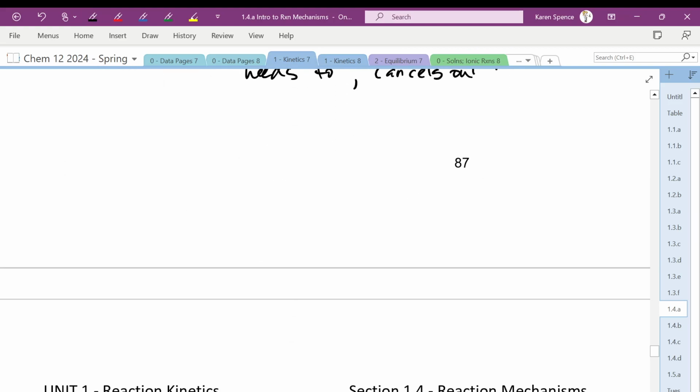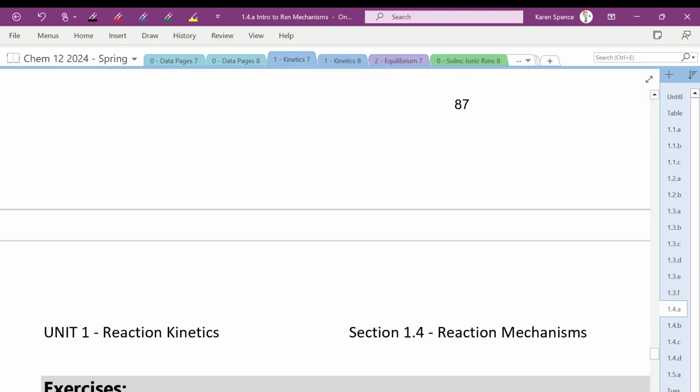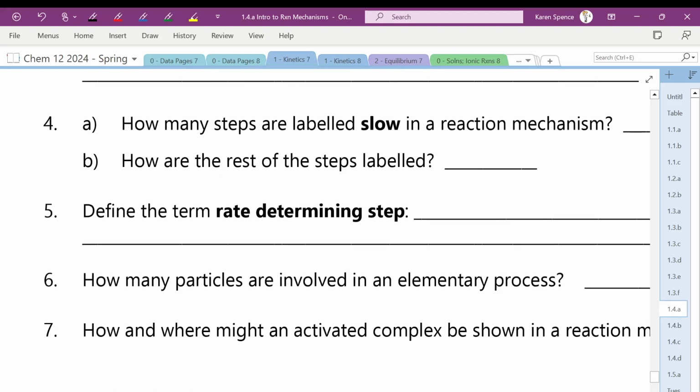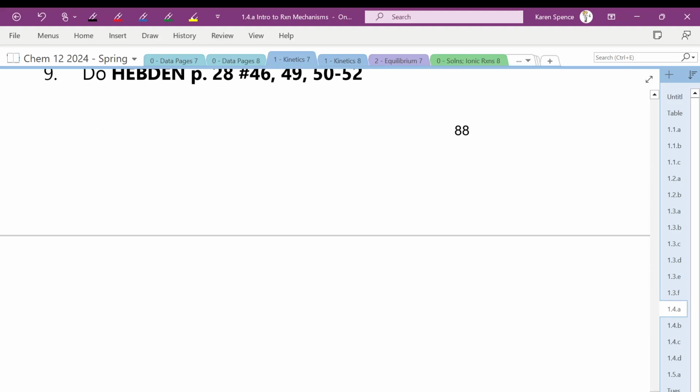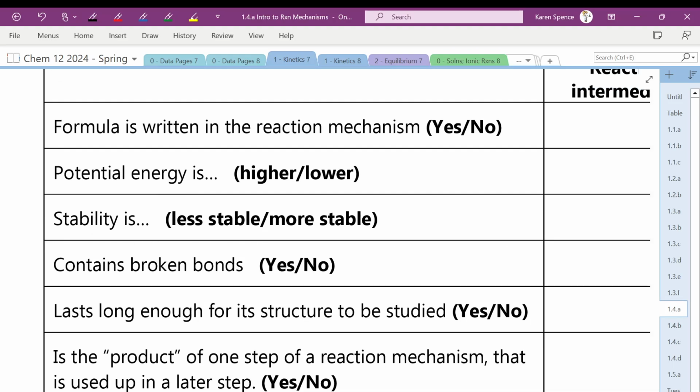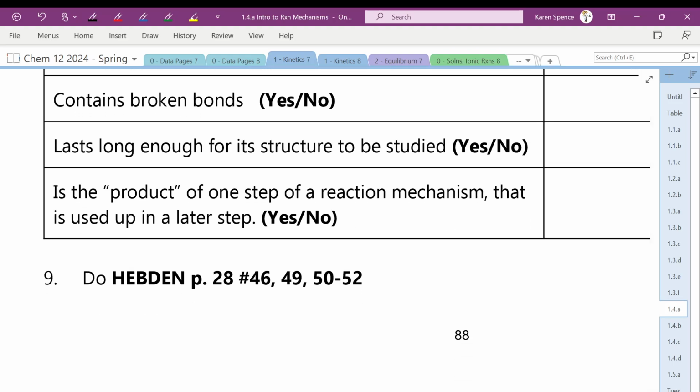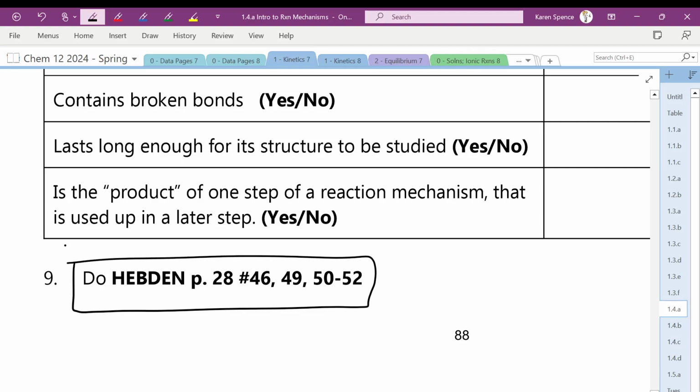Okay, is that the end of this one? No, there's exercises, good. Okay, so you guys are going to do this stuff, and look, what's question 9? Do Hebden, page 28, number 46, 49, and 50 to 52. Where would you find Hebden?